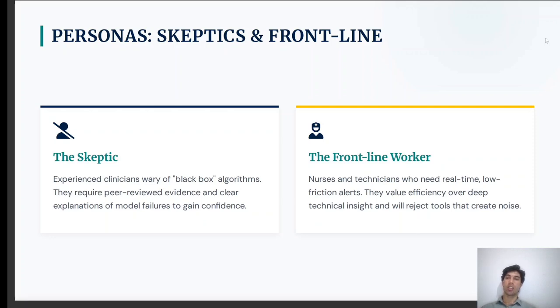So these are the clinicians who make sure that the model has proper explainability, the model is interpretable, and it gives reasons for why it gives a specific output. And then there are the frontline workers, who are the nurses and technicians who need real time, low friction alerts. They value efficiency over deep technical insight and will reject tools that create noise and friction inside their already built EHR infrastructures.